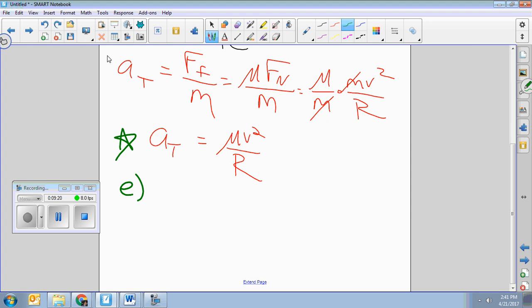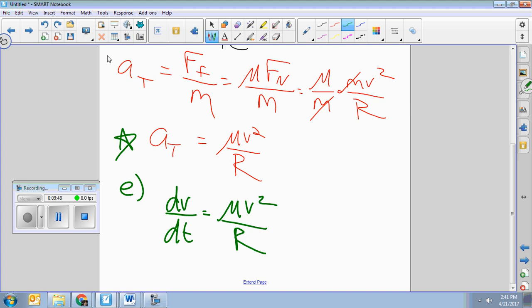Follow? So you just said, instead of a, put in dv dt. Exactly right. We need to find a way to put t in there, and acceleration is dv dt. So let's rewrite this expression. This becomes dv dt equals mu times v squared over r. Now I need to separate my variables.